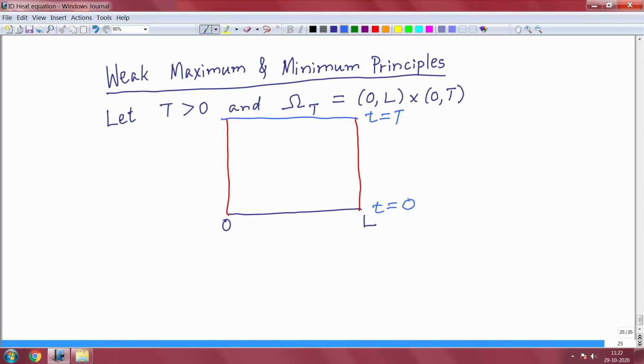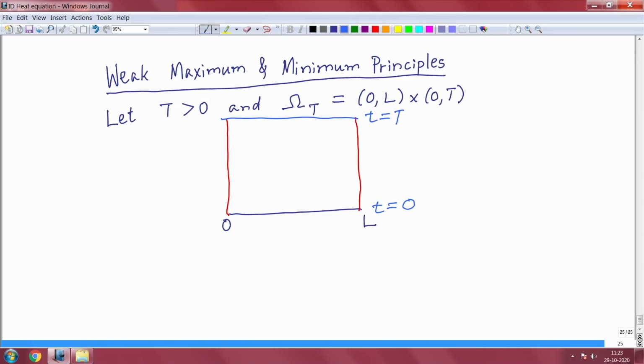So, the boundary of this open domain consists of 4 lines. Here I have put 2 red ones, a black one and a blue one. So, these 3 lines.